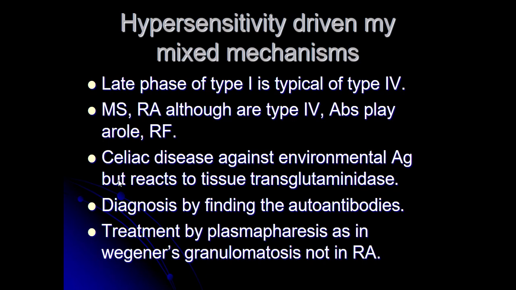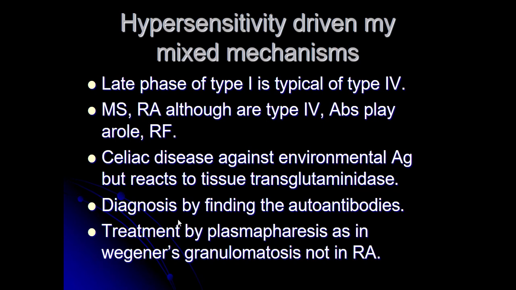A classical example is celiac disease, where a reaction could occur against an environmental antigen, but here it reacts to tissue transglutaminase, for example. So detecting that antibody could make the diagnosis of celiac disease.